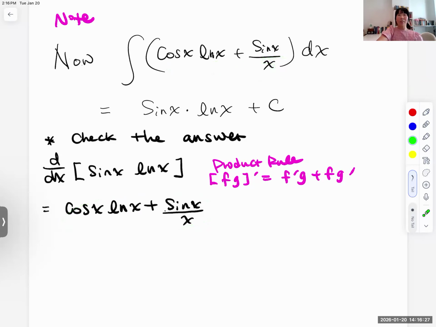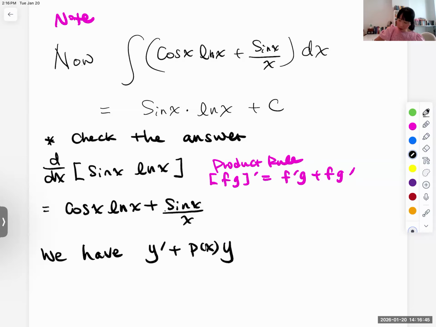What I am trying to tell you, we have y prime plus p of x y equal to f of x.